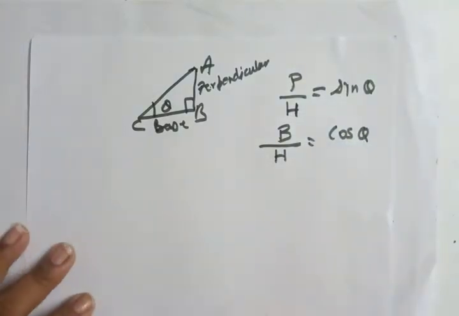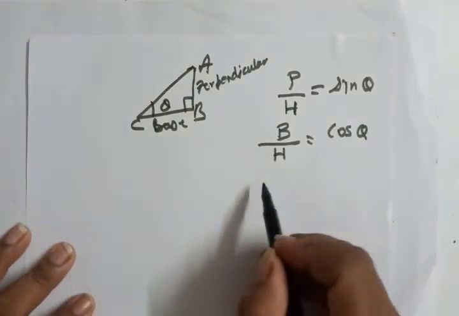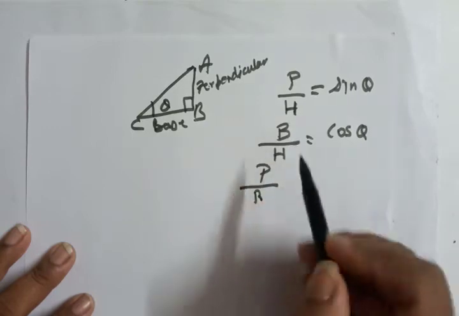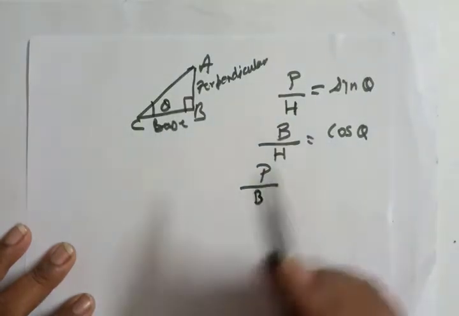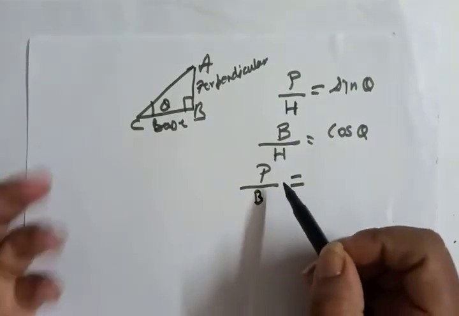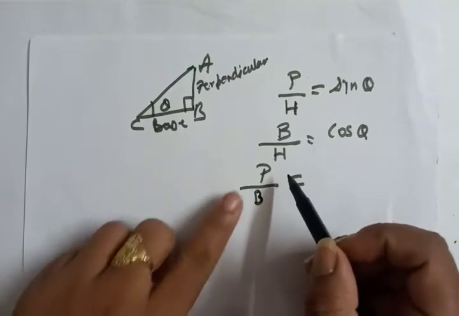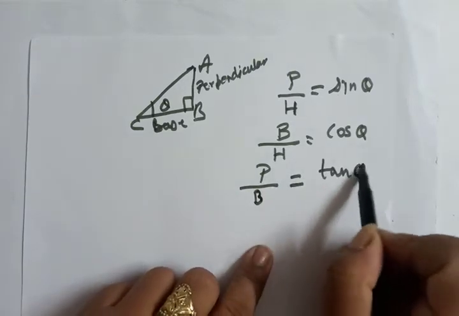Now you will say, I left this hypotenuse. Okay, I will take perpendicular upon base, as we have not yet taken the relationship between the perpendicular and the base. That is tan of theta.